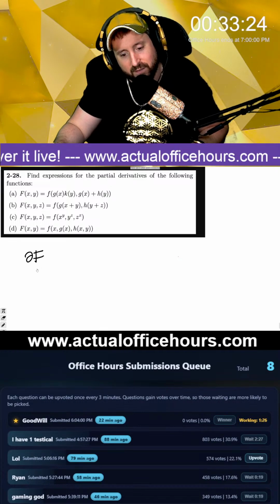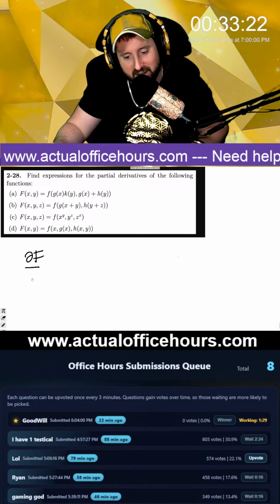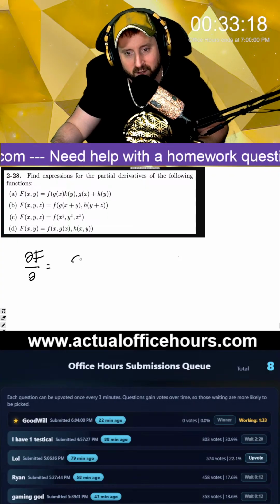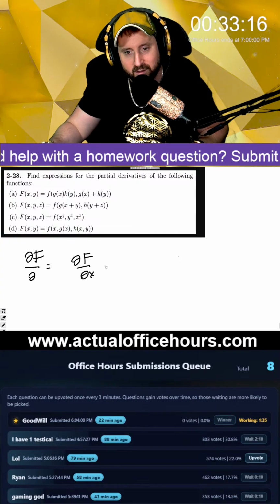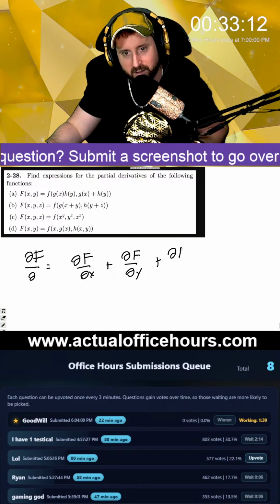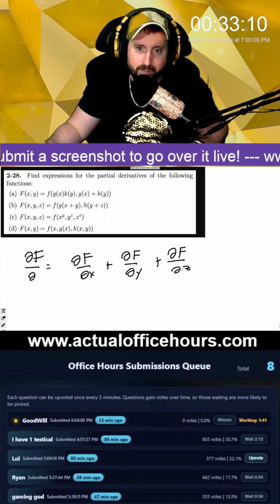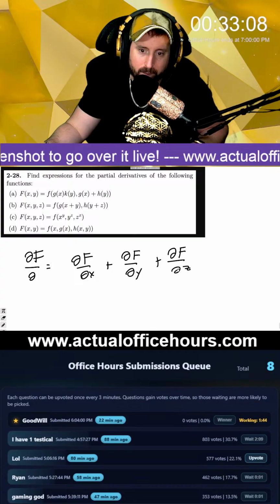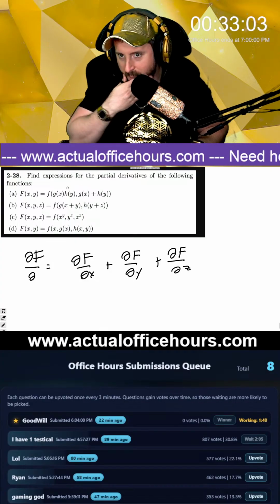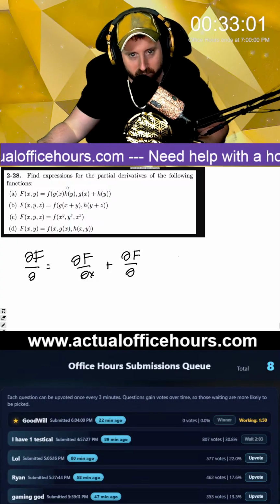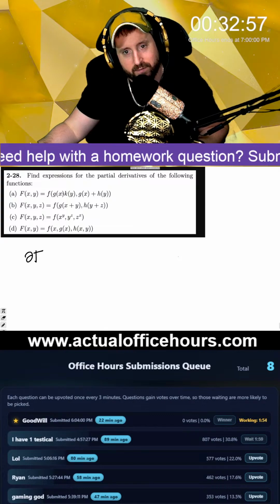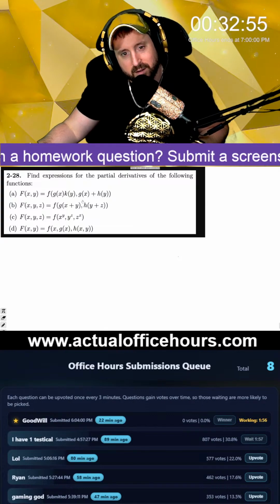I remember it's like df/dx plus df/dy, and then plus df/dz, multiplied by dt, but that's your total derivative. Yeah, and then I remember we have to go down a nested loop of this, right? Because then f is equal to g of x, k of y.